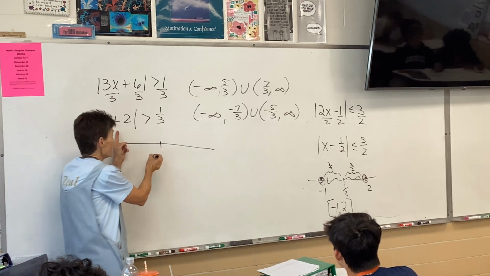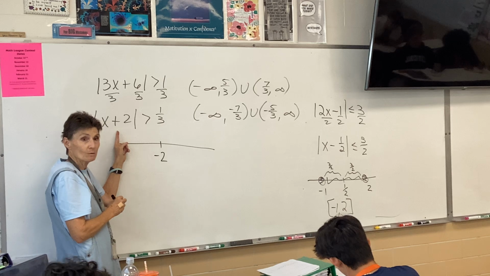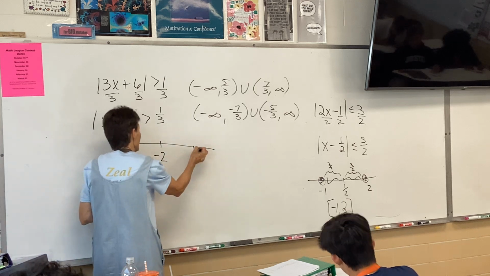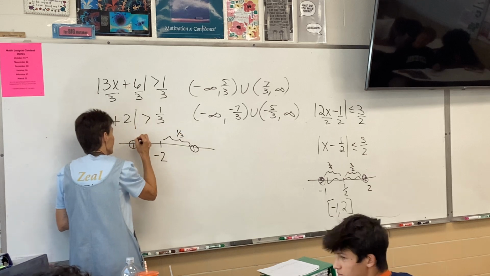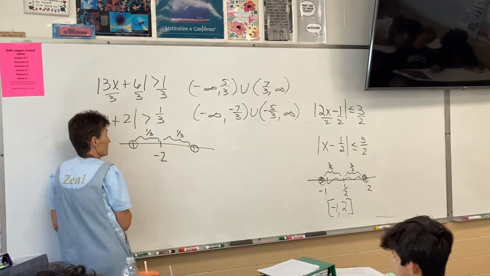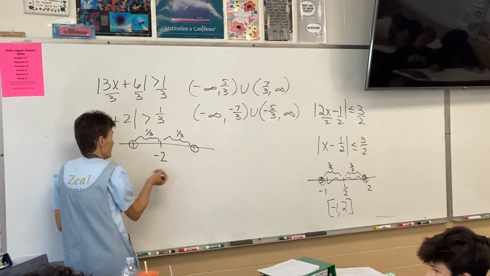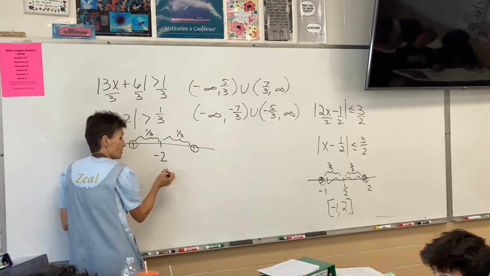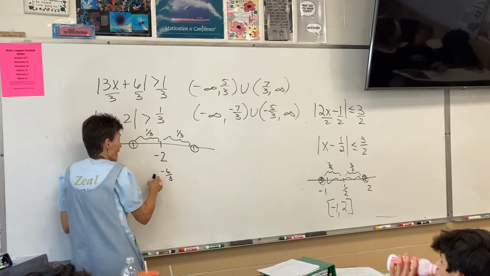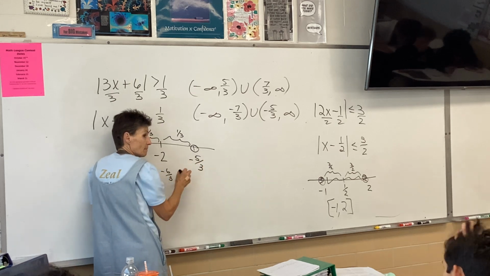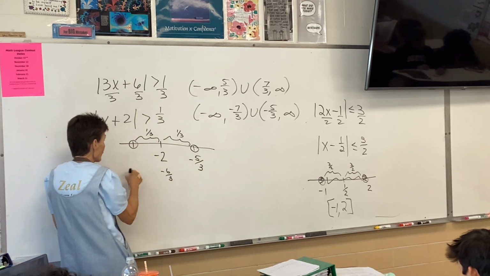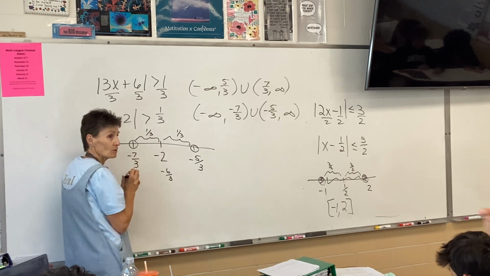So that's going to be a -2, and then we're going to go forward and backward 1/3. This is -6/3. So if I add 1/3 to that, it'll be -5/3. And if I subtract 1/3, it'll be -7/3.